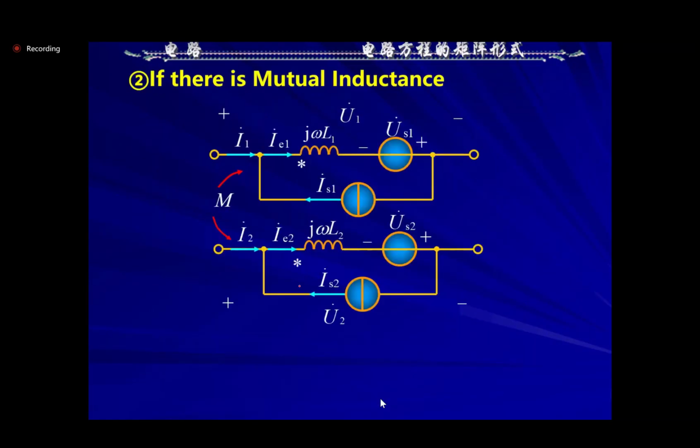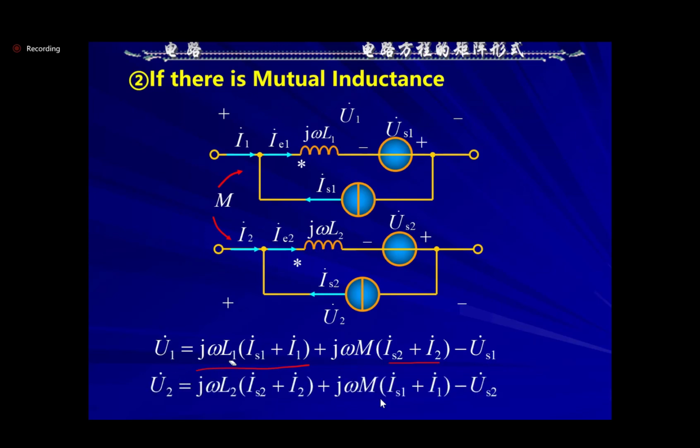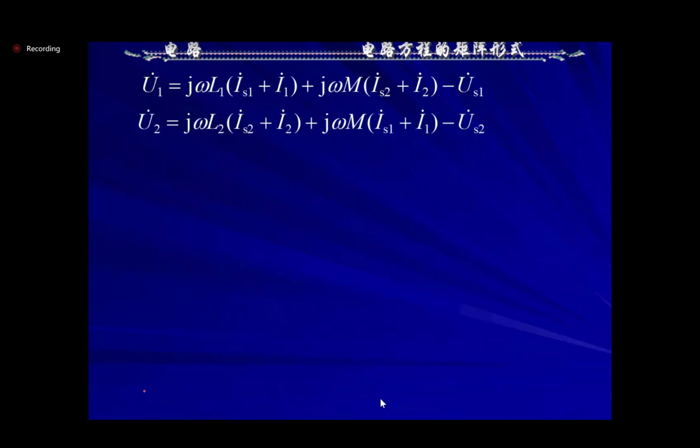But if there is mutual inductance, for example, between branch 1 and branch 2, when we write U1, U1 will be j omega L1 times I1 plus j omega M times I2 minus US1. The first part means the self-inductor voltage, and the current I2 multiplied by j omega M is the mutual inductance voltage. So this is U1 and this is U2.